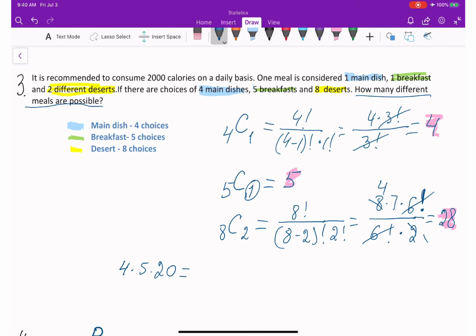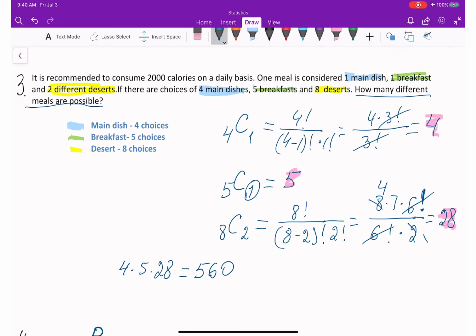Oops, hold on, I was thinking 4 times 5 is 20, so I put 20. So 28 times 20, it's going to be 56, and I'm adding 0 next to it. 560 total meals you can make, you can choose out of this suggested meal, dish, breakfast, and dessert.